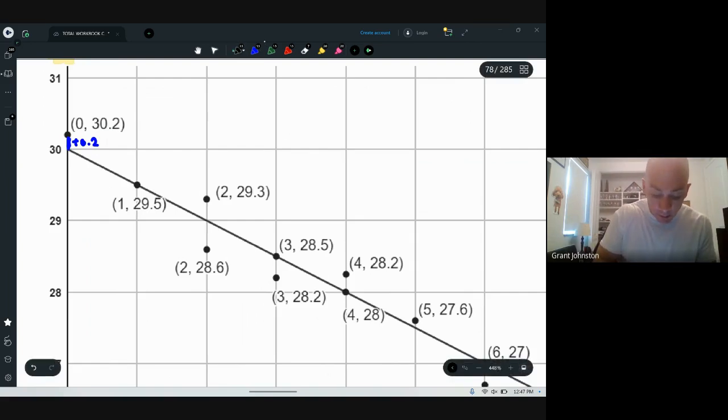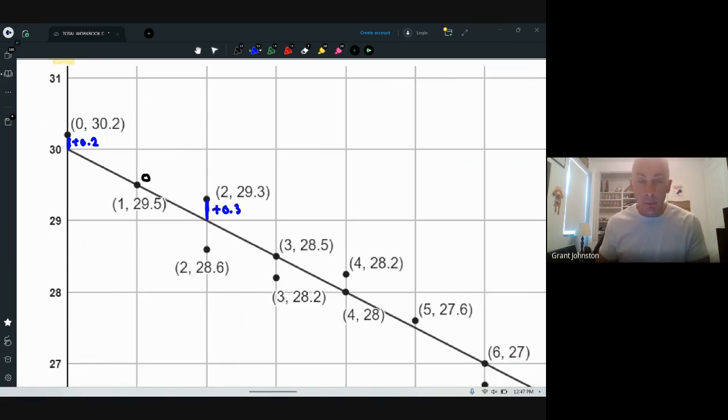This point here is literally on the line, so it has a residual of 0. This one, how far is it from the line? This is a positive 0.3 residual because it's 0.3 above the line.